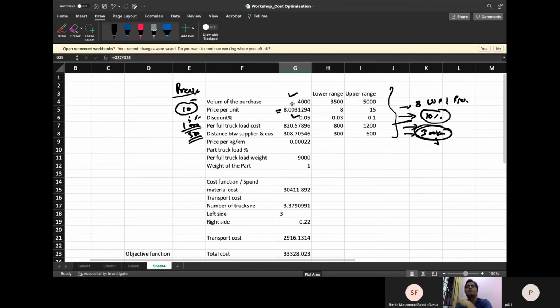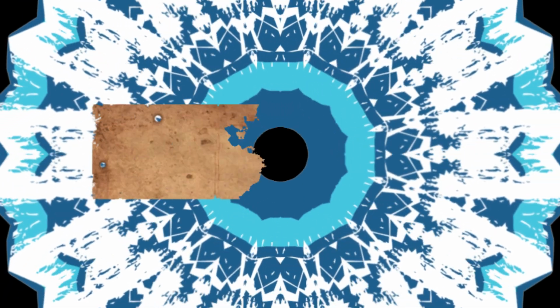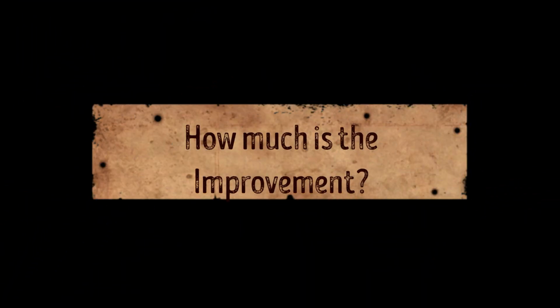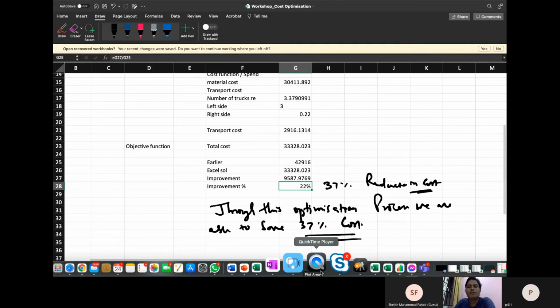So you have to put your effort to achieve the targets. And if you're not able to achieve your targets, you have to put in your numbers, and finally you'll get your update here: how much improvement you are getting and how much is the total cost. This is how you have to work on the mathematical model and the process we have defined over here.